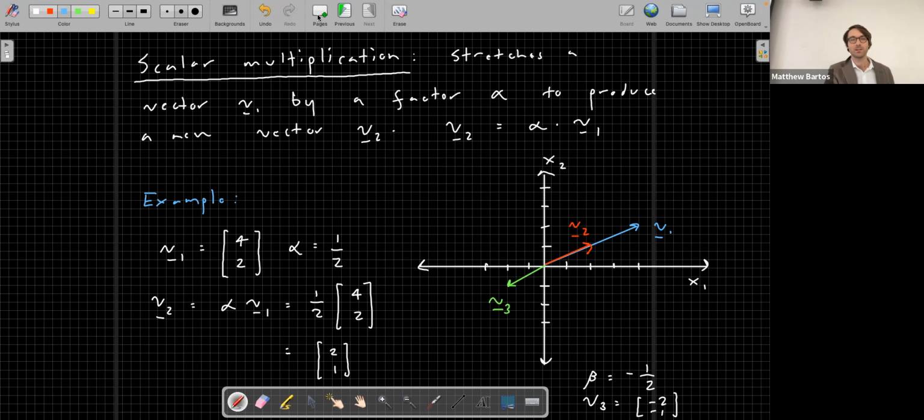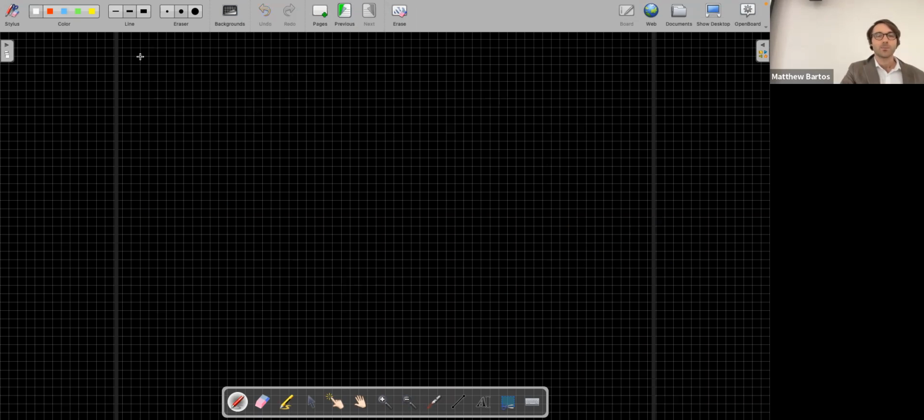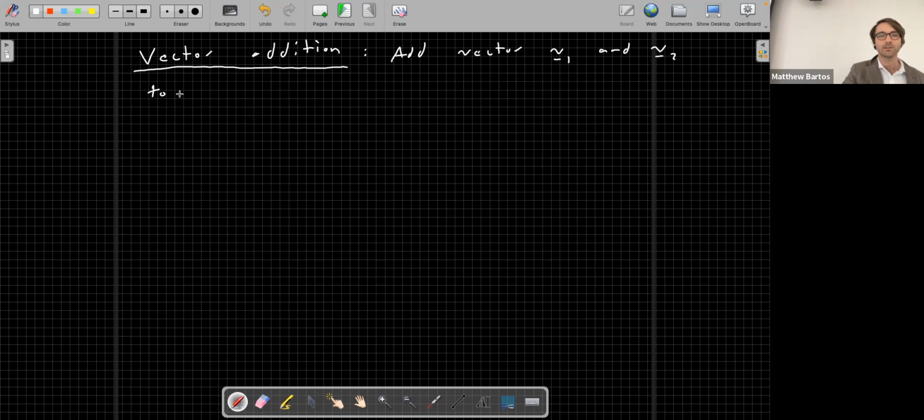So we have scalar multiplication. Our other operation is vector addition. In vector addition, we're essentially just adding two vectors together element-wise. So we add vector v1 and v2 together to produce a new vector v3.